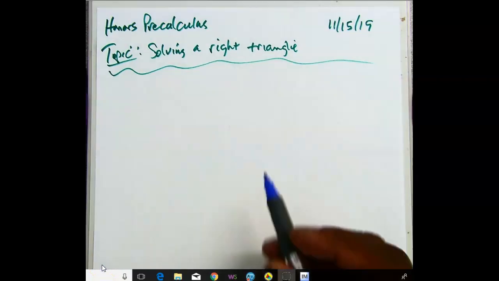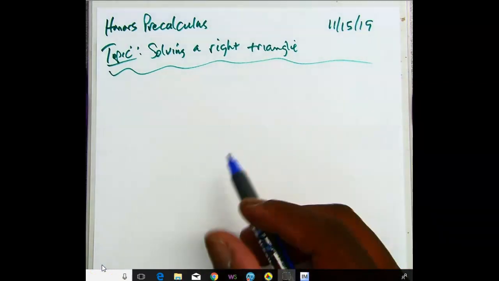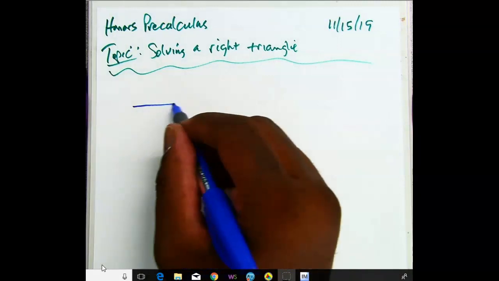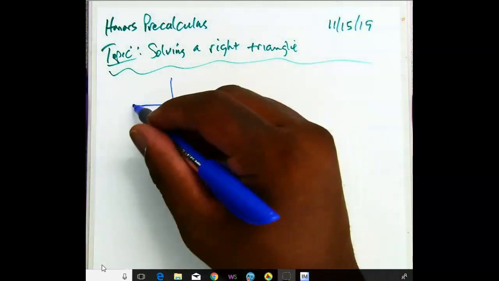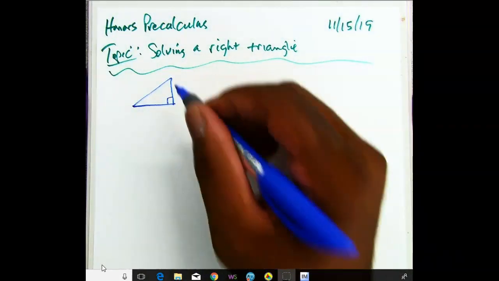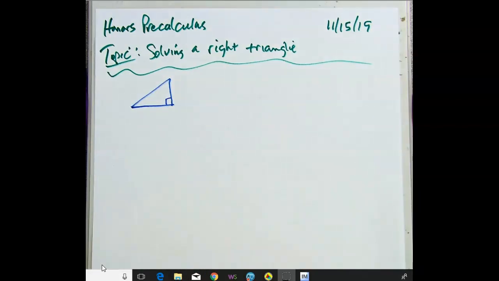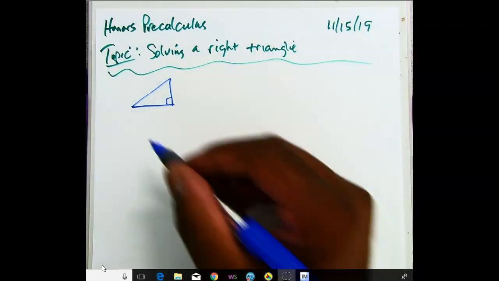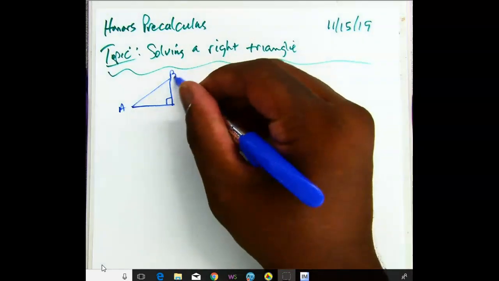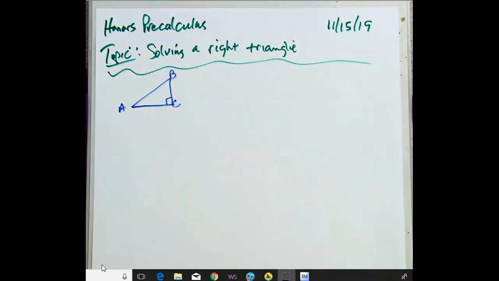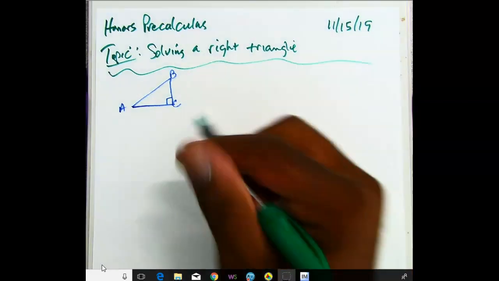Okay, so what we remember from before with labeling a right triangle, that we will typically use uppercase letters for the angle measures. So if we have triangle A, B, and C here, the sides opposite, lowercase, will represent the side lengths.